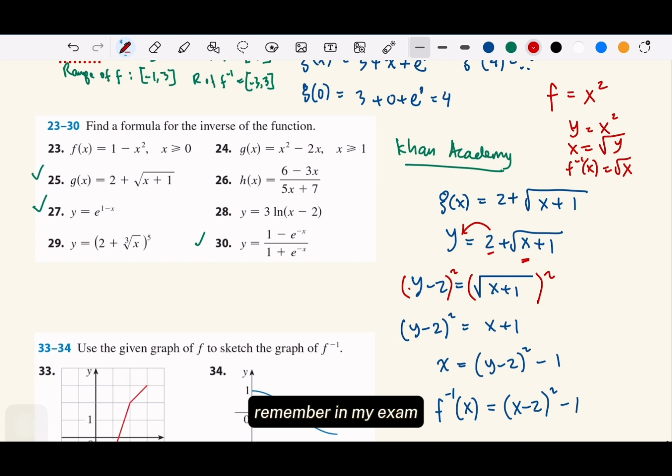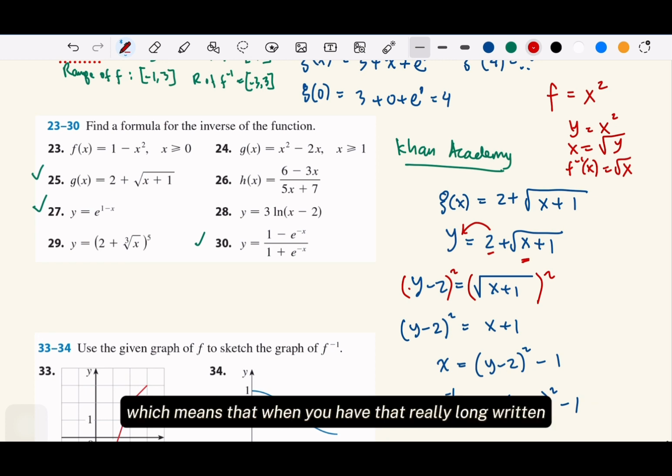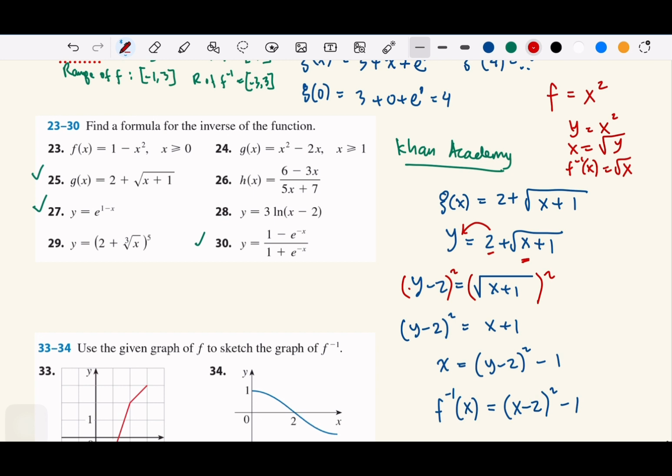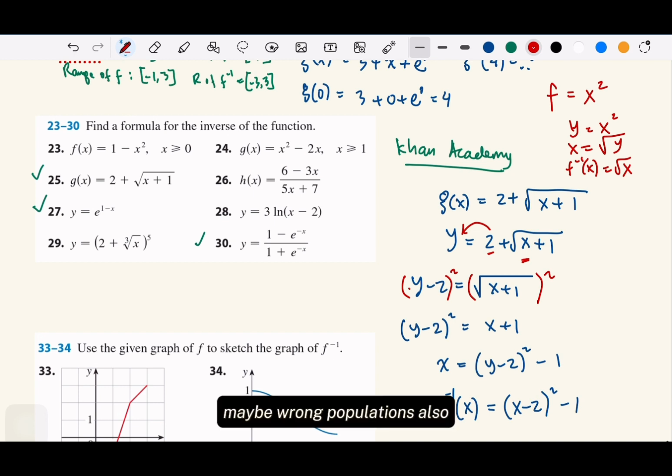Remember, in my exam, I'll always prepare a good process, which means that when you have a really long written process, maybe you'll get something wrong, either a wrong assumption or maybe wrong calculations also, that you can make really long.